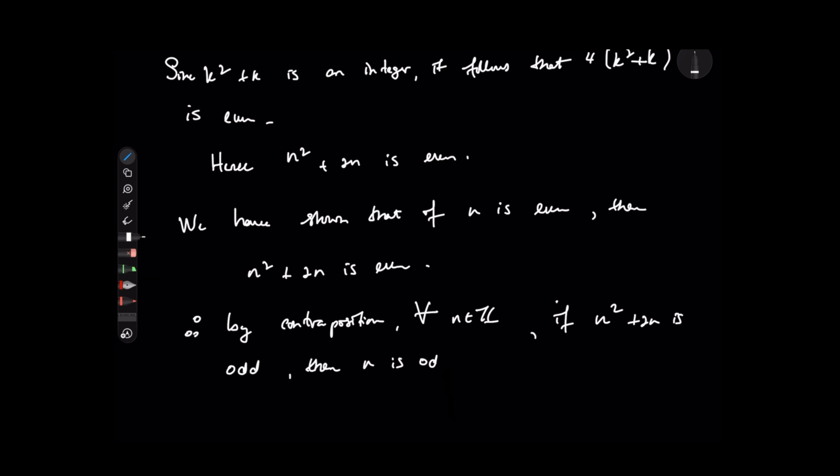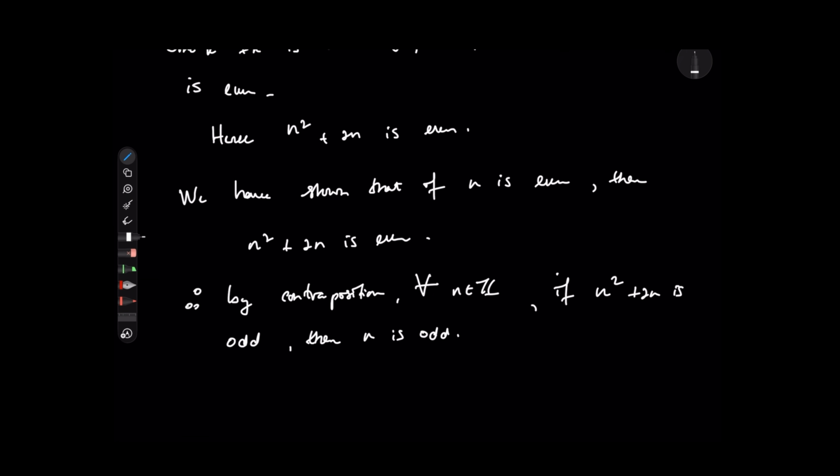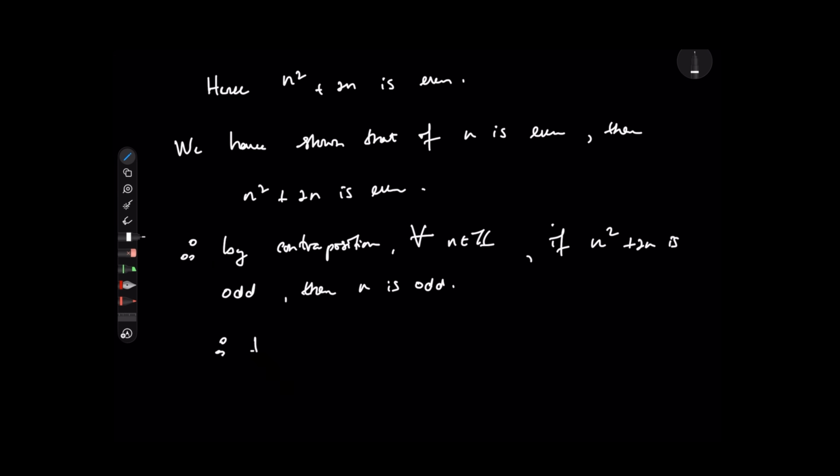We must tie it back to the original statement. Therefore, the statement is true. Okay, and then you put your box here, right? Of course, since the contrapositive is true, then the original statement is true as well. So you could probably add that line somewhere here as well, right? So this is the end of question number 2.